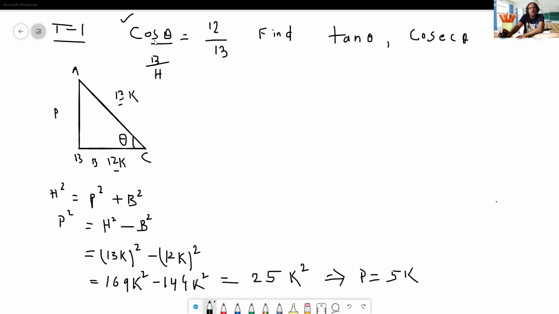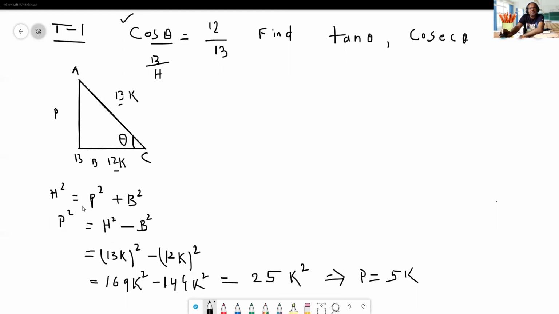So when you know a t ratio, you can just draw this triangle and you can say what are the base and what is the hypotenuse and what may be the perpendicular. So you can know these two sides. So you can find the third side very easily by applying that Pythagorean theorem.